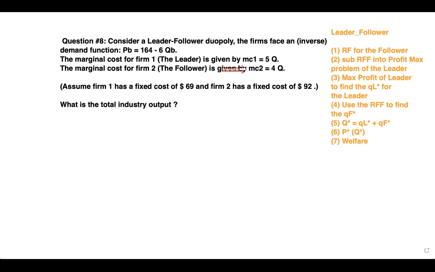And that kind of makes sense. At least it should at this point start to match your intuition that the low cost producer produces more. That happens in competition, and it happens in Cournot. In general, the firm that has the lowest costs would produce more output.